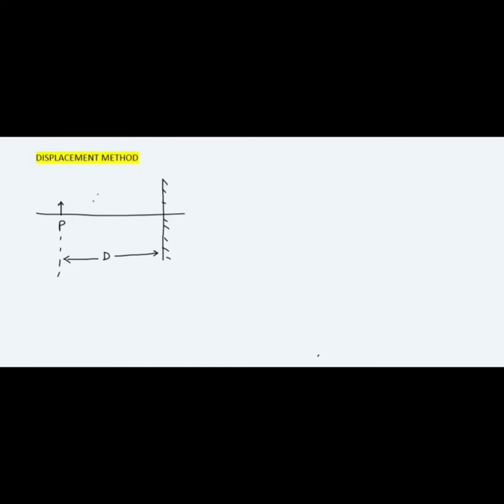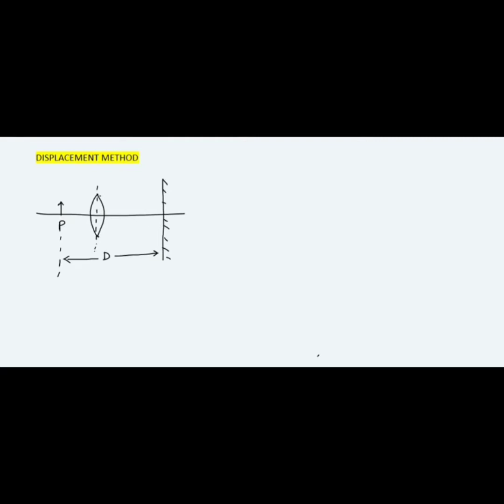Suppose this converging lens is being placed here. By adjusting its position, by moving it towards right or left, we have to find such a position for the converging lens that a very sharp image of this object placed at P is formed on the screen.